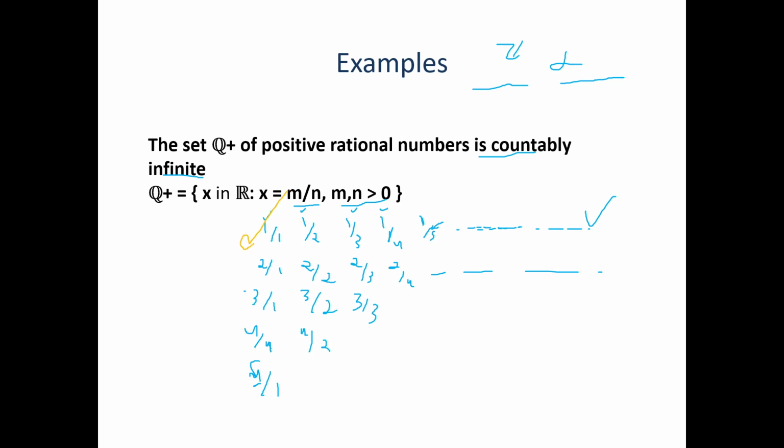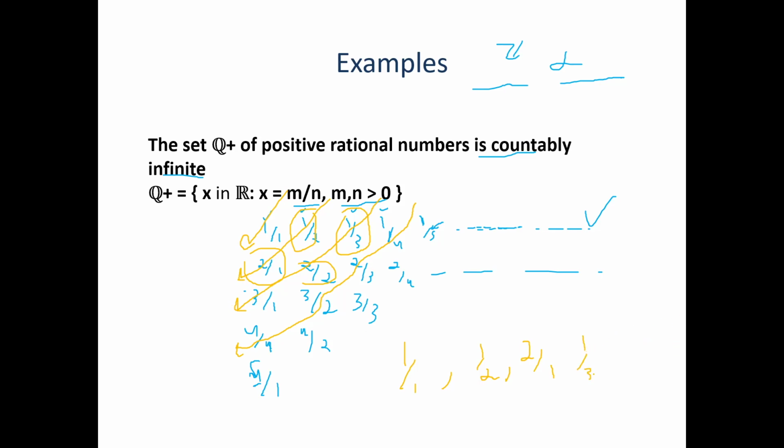So if we try to list it like the chemistry table of electrons or whatever that we took in school, what does this list look like now? So we're starting with 1 over 1, then, going from right to left, 1 over 2, 2 over 1, then 1 over 3, 2 over 2, 3 over 1.